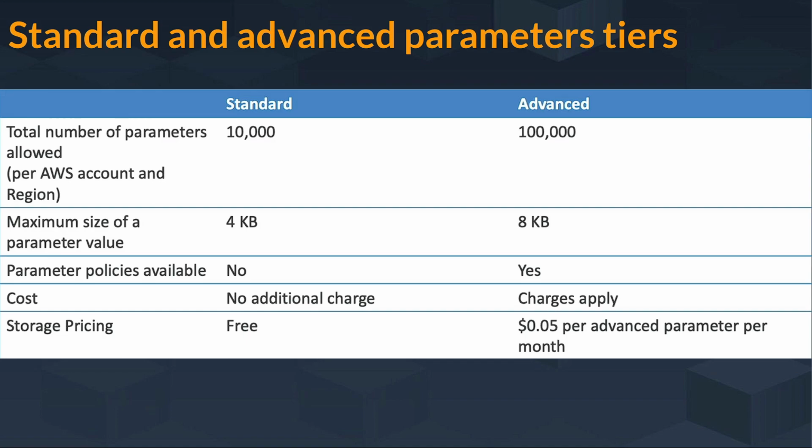Parameter policies are not available in the standard tier, but we have them in the advanced tier. Cost: there is no additional charge in the standard tier, and charges are applied in the advanced tier, which is obvious. For storage pricing, standard is free and advanced is about $0.05 per advanced parameter per month.